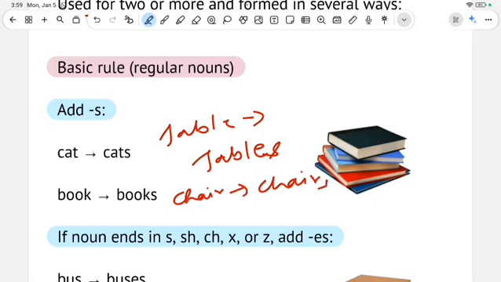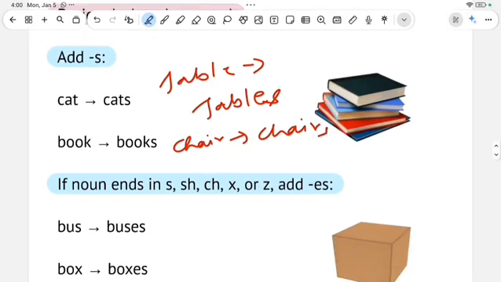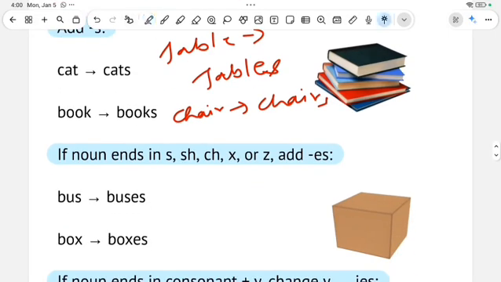But when we have to add es, that's one of the most confusing parts. Let me clarify it. Here you can see bus will become buses, not bus-s. Okay, that's wrong. What is right is we have to add es.